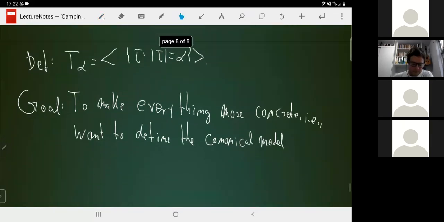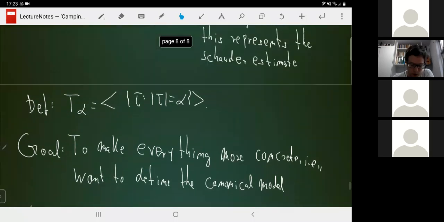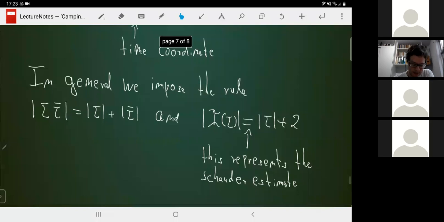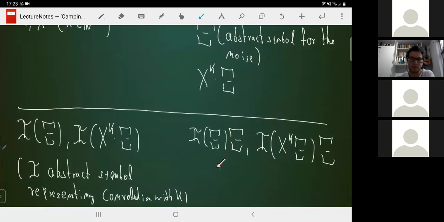And so for that, if you want to define the canonical model, then we really want to find a way to make, in a very concrete way, sense out of this multiplication, which may be dangerous, which is actually dangerous. It is not dangerous as long as this symbol psi stands for a smooth version of our noise.